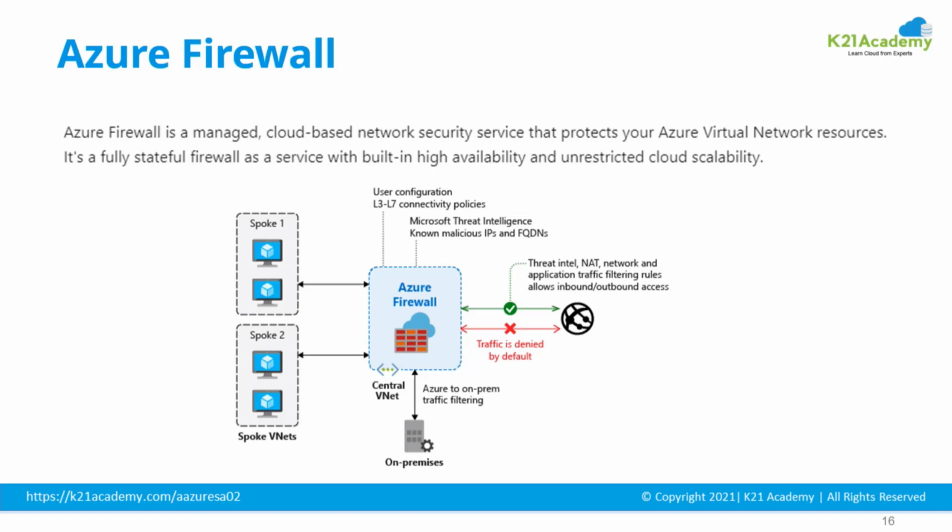It has policies to protect both layer 3 and layer 7 of the OSI model. Also, it uses threat intelligence from different sources to find out if any request is coming from a malicious IP, it will automatically detect those malicious IPs and protect connections as well. So that's what Azure Firewall is.